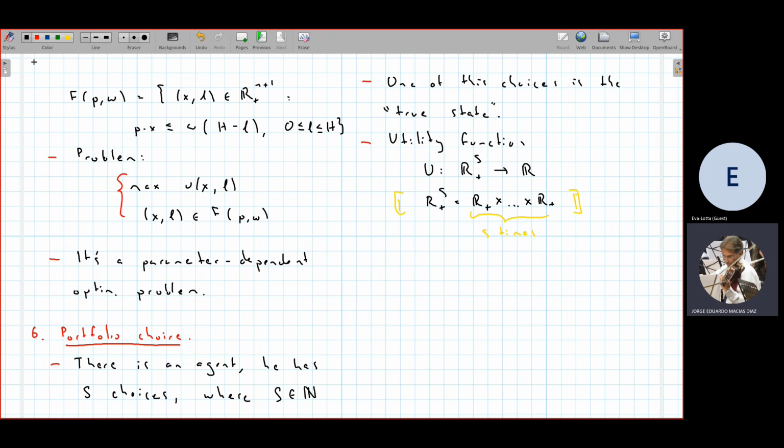So we assume that there is an income for each of the states. That's my next assumption.